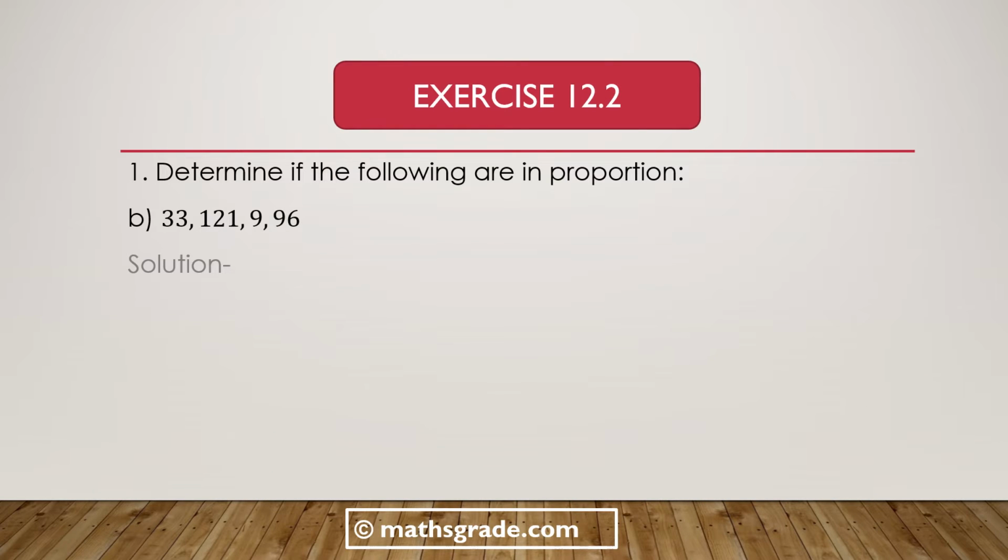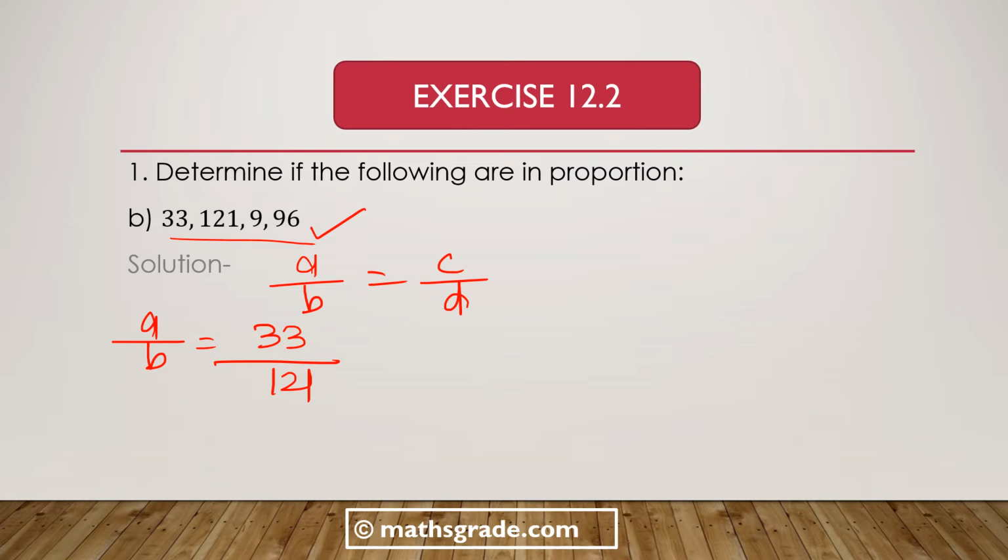Now 33, 121, 9 and 96, these numbers are in proportion or not. The numbers are in proportion if A divided by B is equal to C divided by D. A divided by B is 33 divided by 121, and between 33 and 121, 11 is the common factor. So 3 divided by 11.